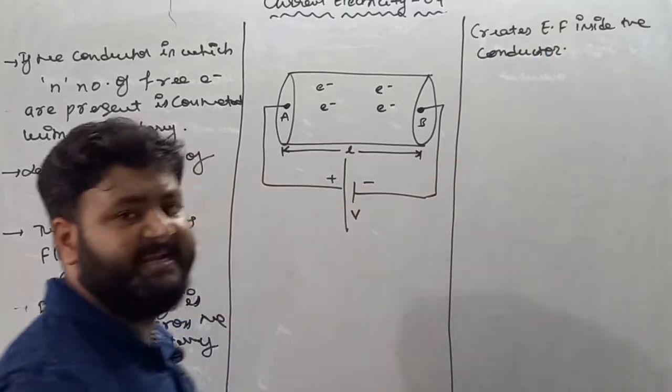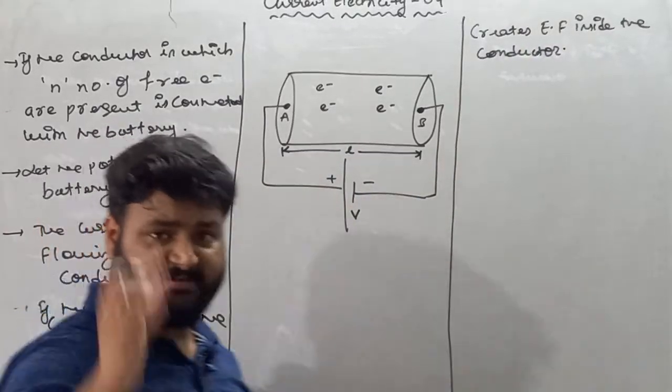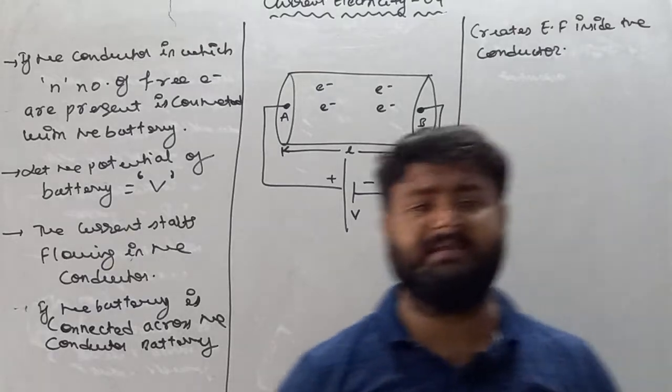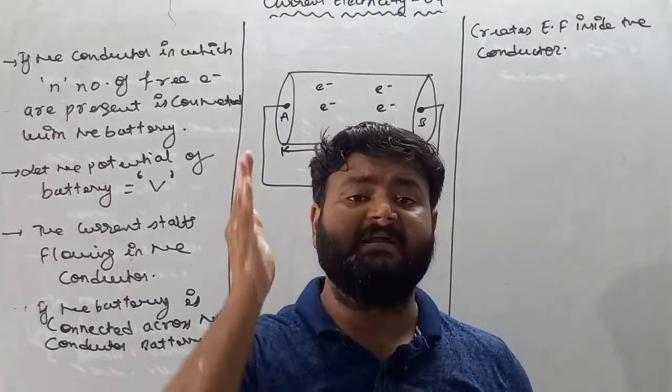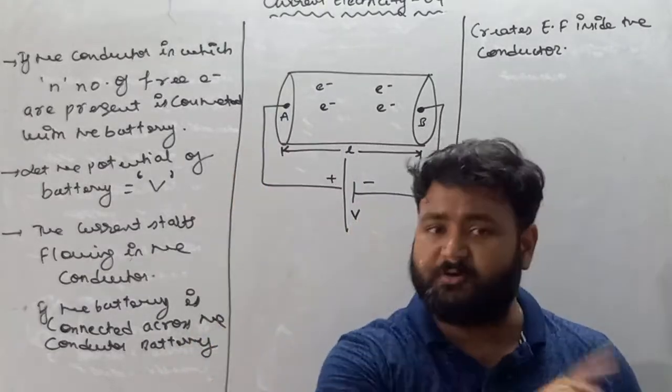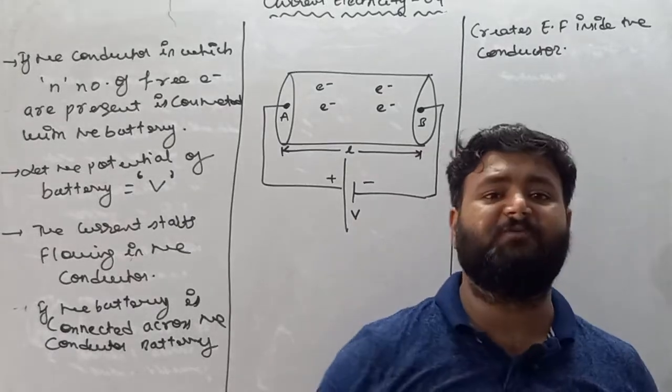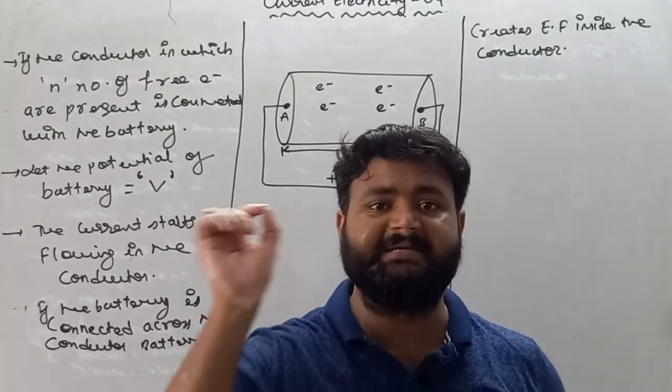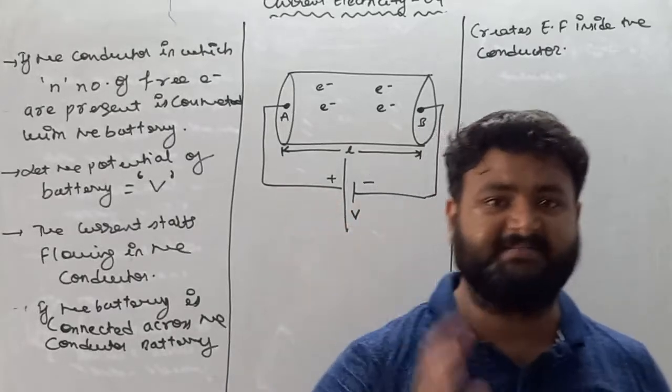The very first thing that happens when you connect a battery across the conductor is that the battery creates an electric field inside it.